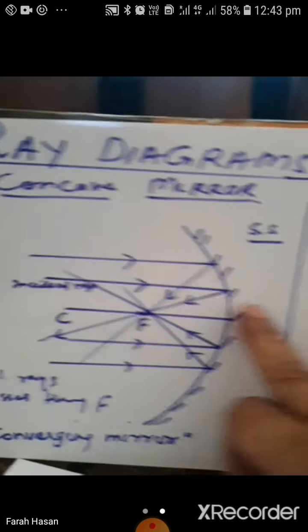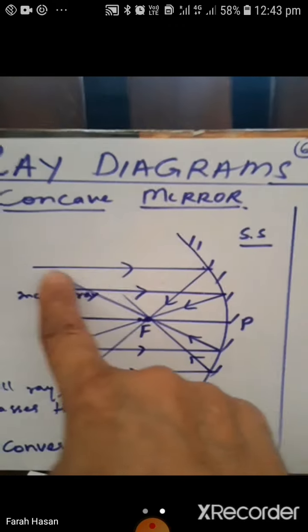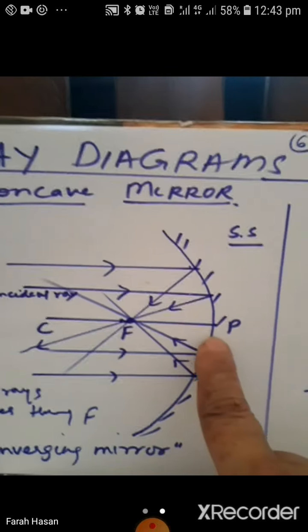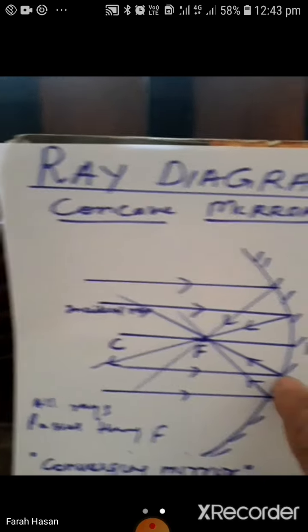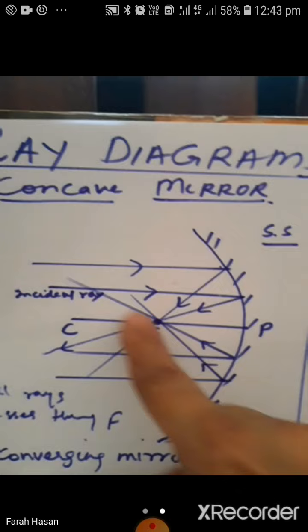All these are incident rays: this is one incident ray, this is a second, this is another, and this is another incident ray parallel to the principal axis. Now these rays get reflected and pass through the point F.